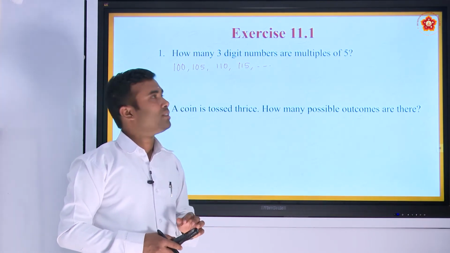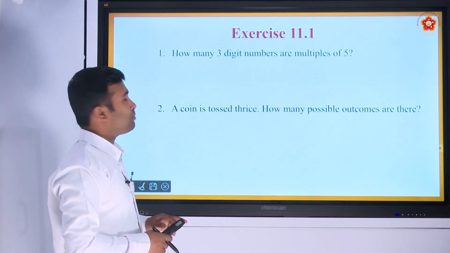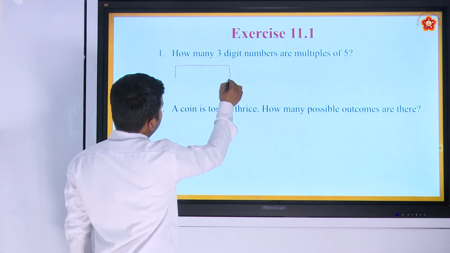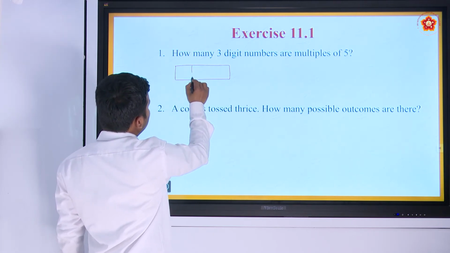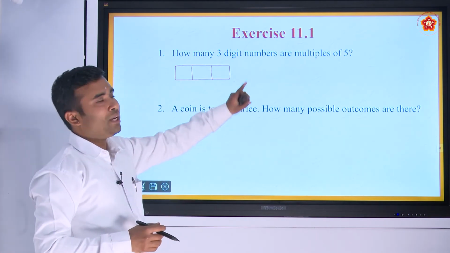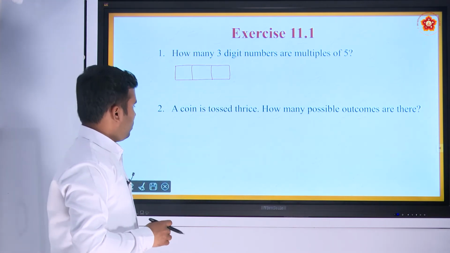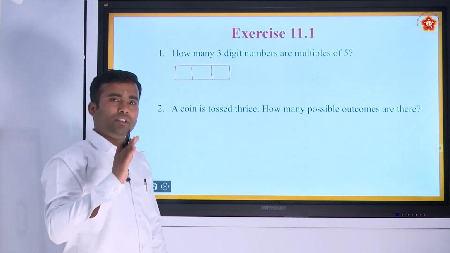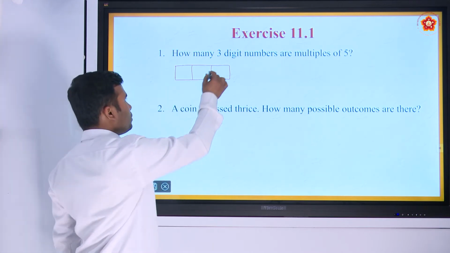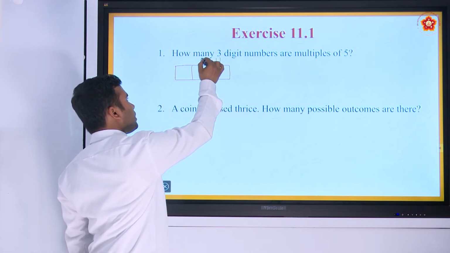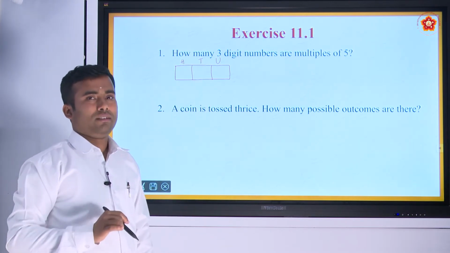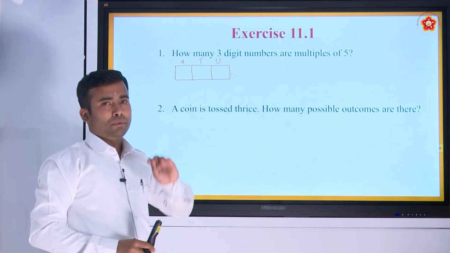To find this, we have a counting principle. How many digits do we need? We need 3 digits, and the 3-digit number is a multiple of 5. So this is the unit place, this is the 10s place and this is the 100s place.